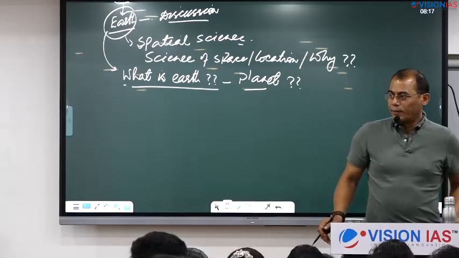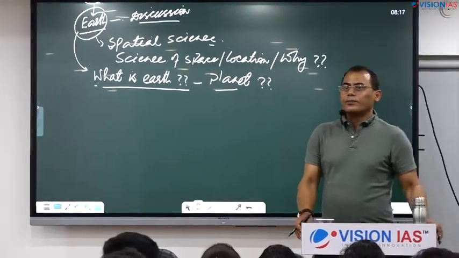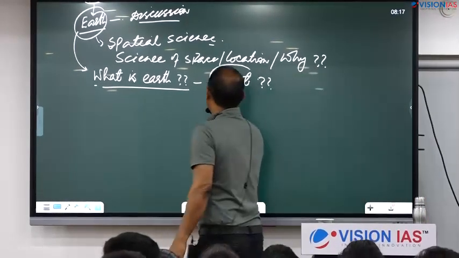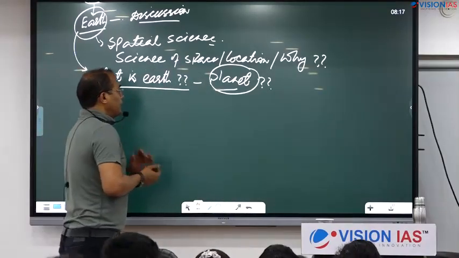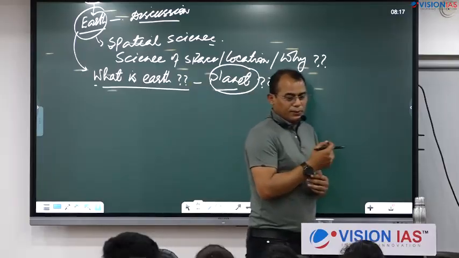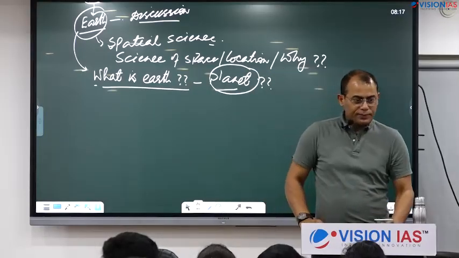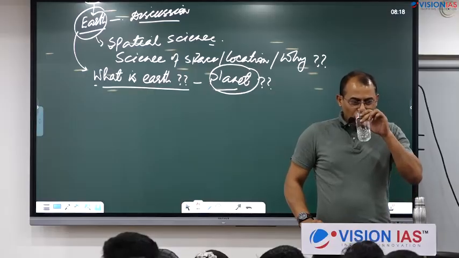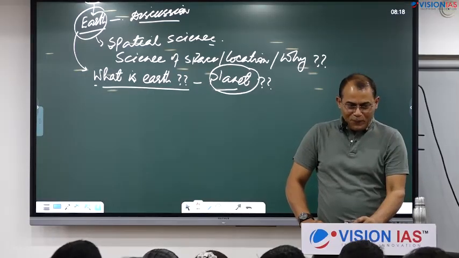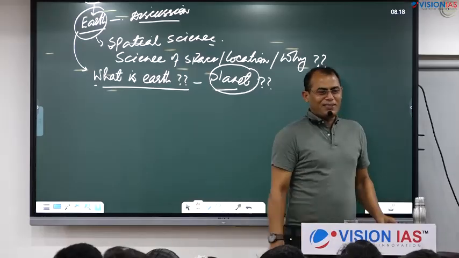What is a planet? Which revolves around the sun. Anything which revolves around the sun. Are we revolving around the sun? So we are also a planet? We are also an object.